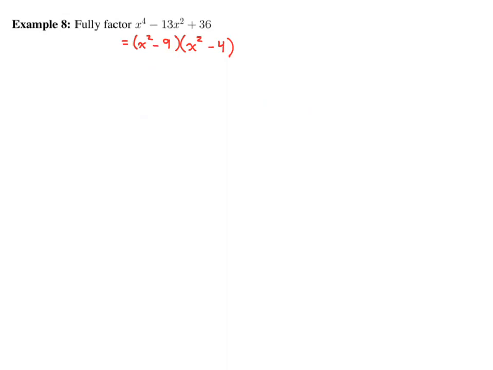But here, that actually worked. And I'm pausing because there's more, because it's a difference of squares. x squared plus 3, x squared minus 3, and x squared plus 2, x squared minus 2. Wow. That's awesome.